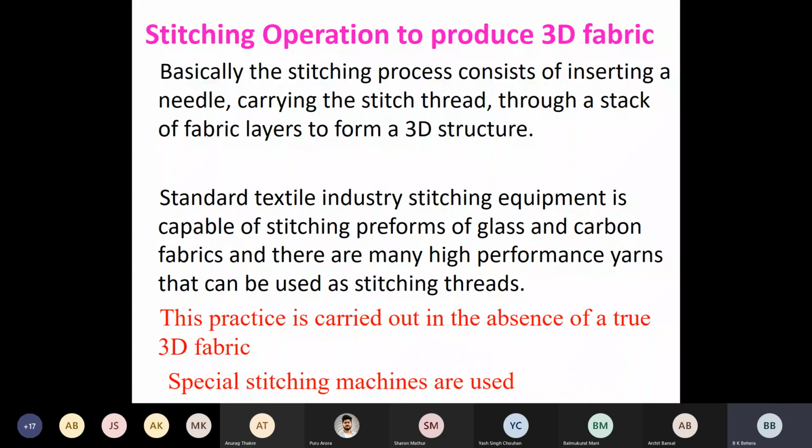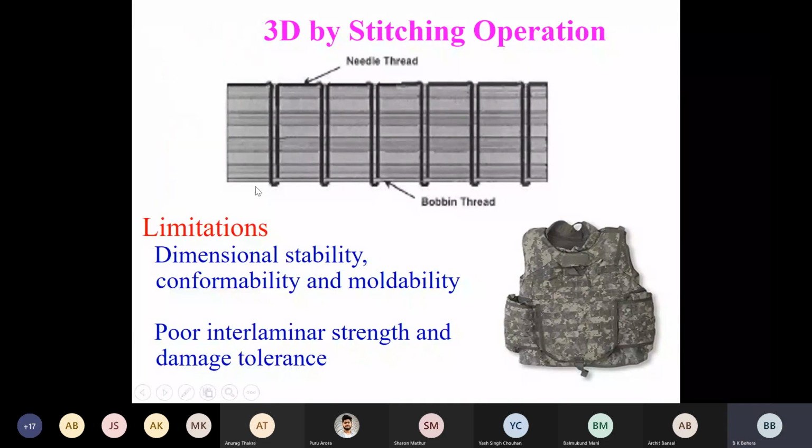Next, second, stitching operation to produce 3D fabric. What it means is we produce many 2D fabrics, go for layering and go for stitching. Look at this. So many layers, and then take a sewing thread, go for stitching.